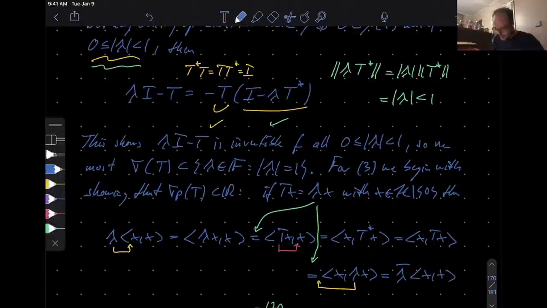Since x is a non-zero vector, that inner product of x with x, which is just its norm squared, is different from 0. You can divide it out from the whole equation, and then what you have is that lambda is equal to its complex conjugate, and that's precisely the statement that lambda is real.